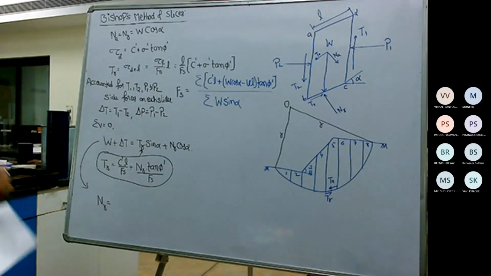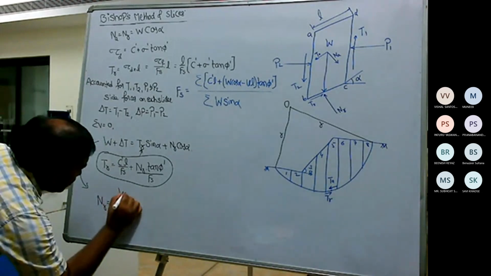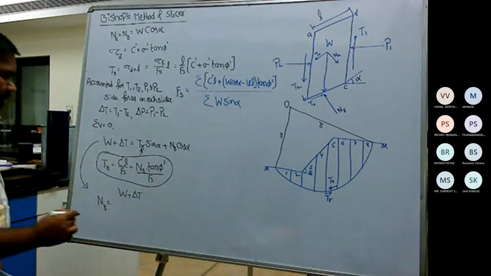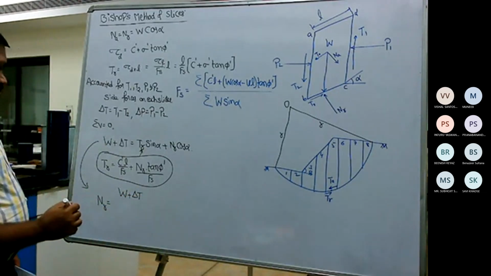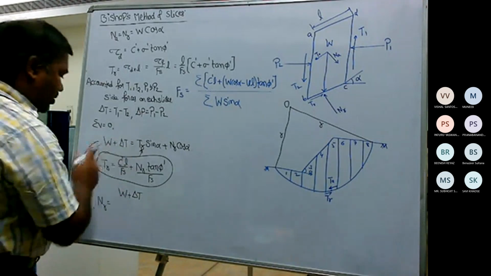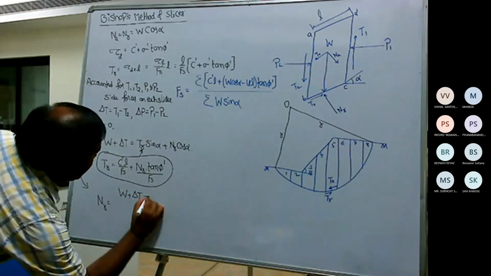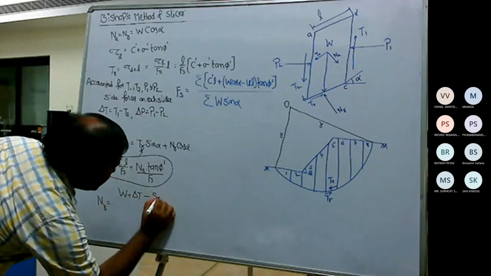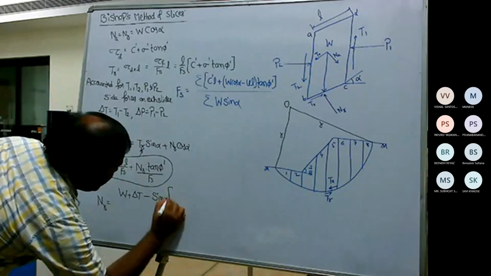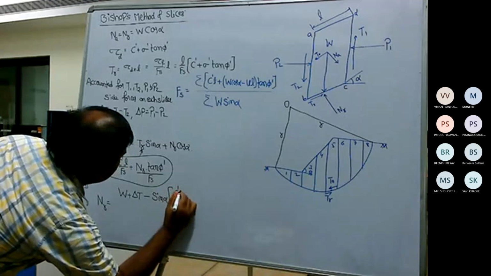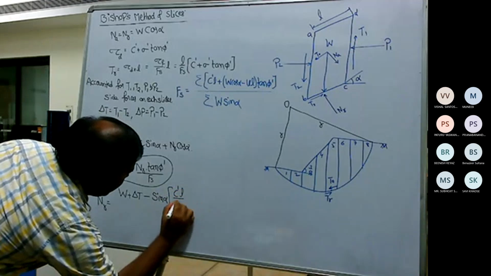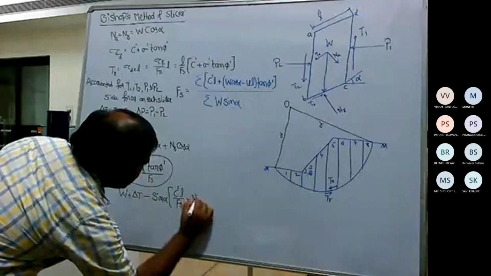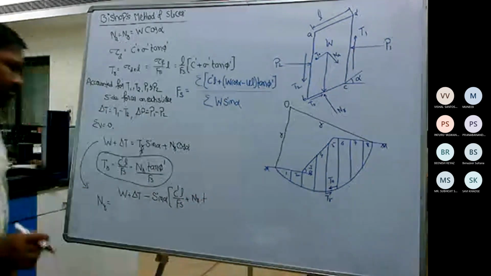The final form of that is W plus delta T, minus TR, which means C dash into L, so this is sine alpha into C dash into L by Fs.